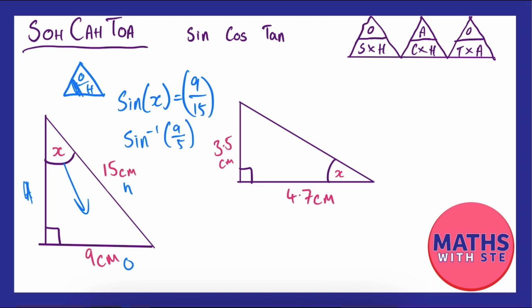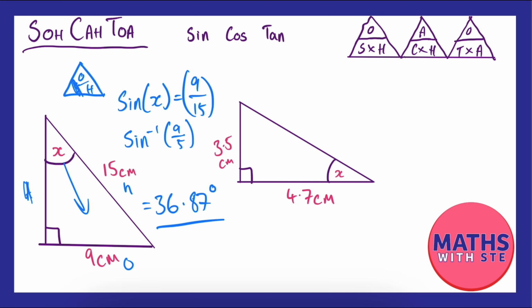Then press to the right so it comes away from the fraction and close the bracket. Equals. I'm going to do these to 2 decimal places, so that is 36.87, and that is in degrees because that's the angle that we're looking for.